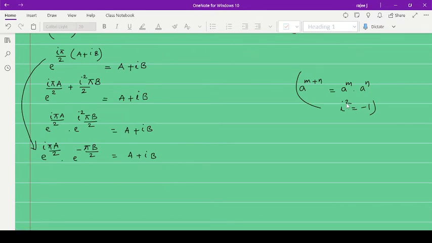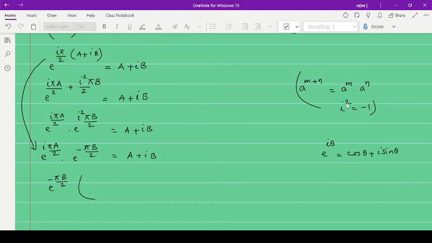Now if you are looking at this one, you can see here there is no I. So this is a real part. So I will just take it outside. So e raised to minus pi b by 2, and this is e raised to I theta form. We know e raised to I theta is cos theta plus I sin theta. So we were using it.